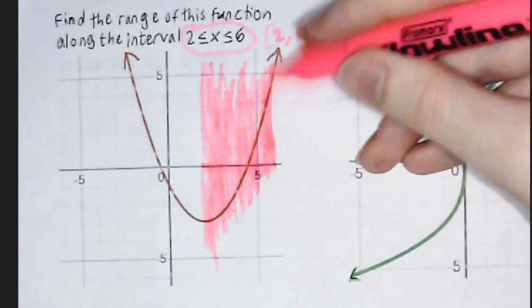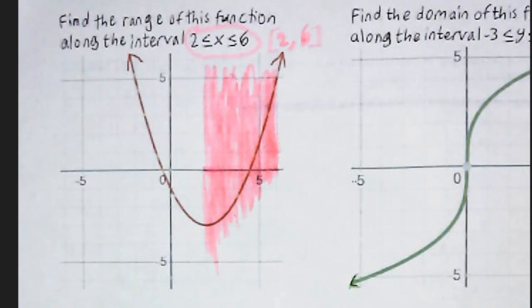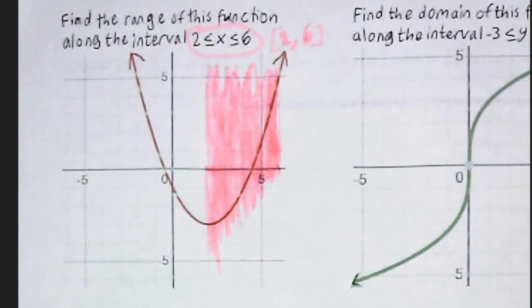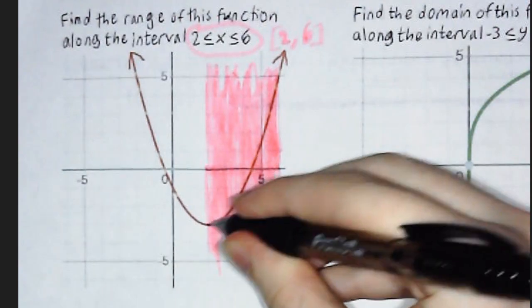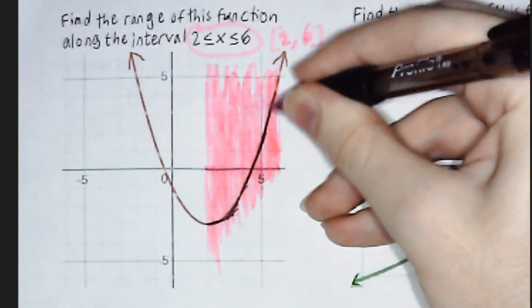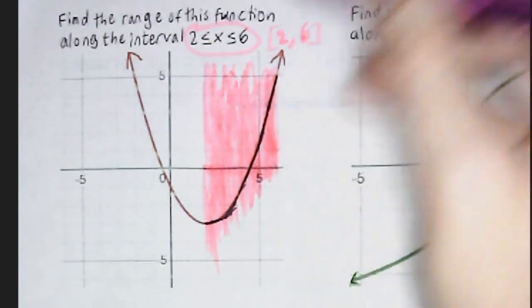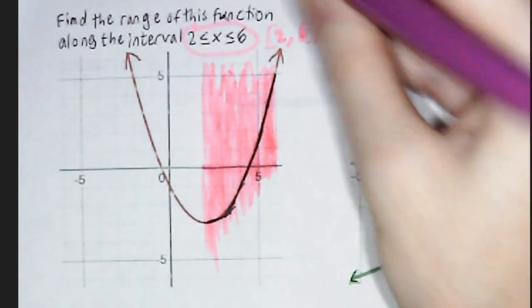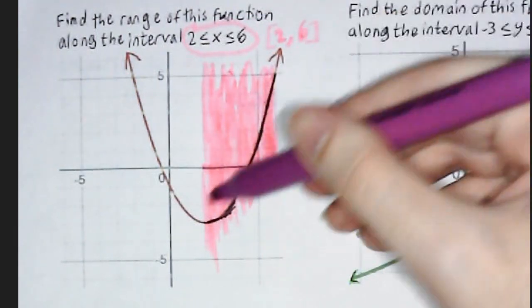It stops right here. So we're only looking at this part of the graph. Every other part of the graph we're going to disregard, and we're only going to find the range along this particular set of x values, or this particular part of the function.